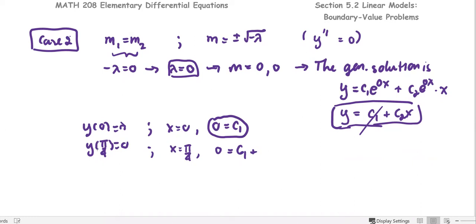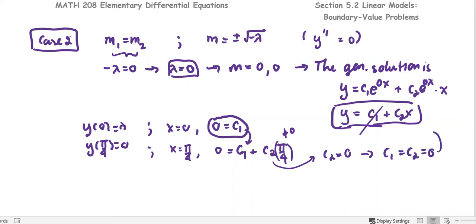Okay, so this is c1 plus c2 times pi over 4, and c1 is already 0. So you get c2 multiplied by pi over 4. We know pi over 4 is not 0. That forces c2 to be 0 again. And this case makes c1 equals c2 equals 0. And what does it mean? You get another trivial solution. Okay, so we're going to make a note over here: for lambda equals 0, the solution is trivial again.